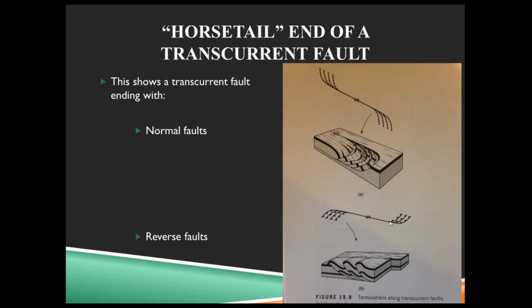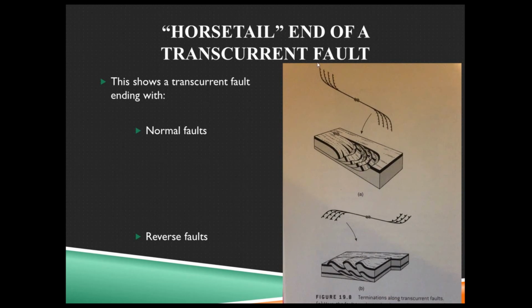If the curvature happens to go the other way, because we still have the top block moving down to the right and the bottom block moving up left, but the curvature is such that now we have compression, we get reverse faulting. So depending which direction the curve of the horsetail is, you either get normal faults or reverse faults.